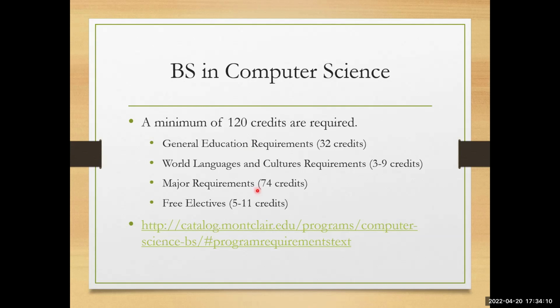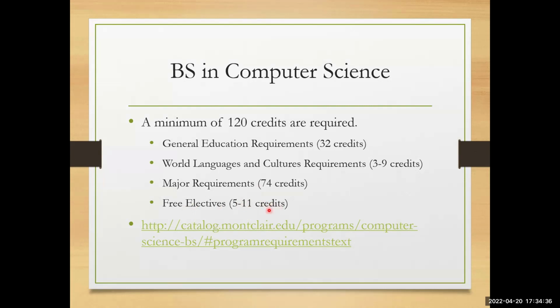Computer science is an exciting field, but before you can work in this field, you do need to learn a lot of knowledge, right? So you need to take a lot of courses. So we have 74 credits in major requirements. After that, you need to take an additional 5 to 11 free elective credits.